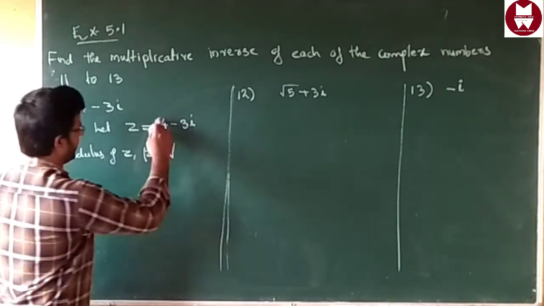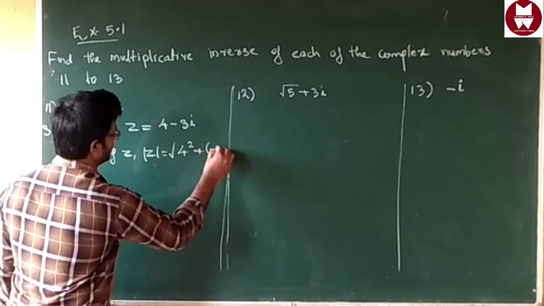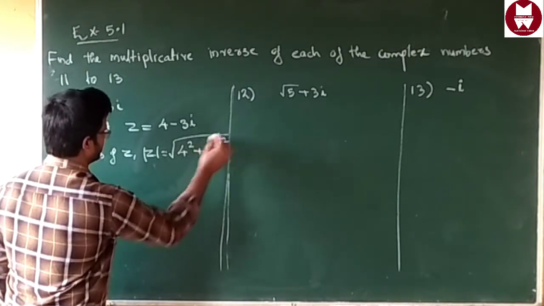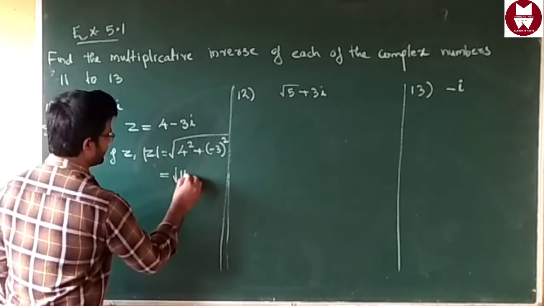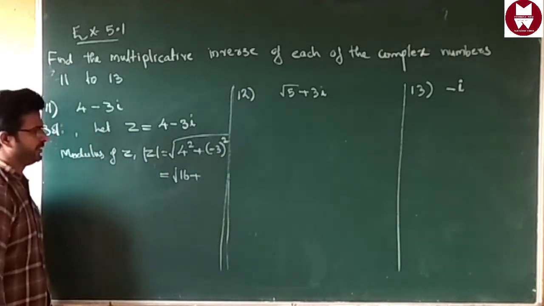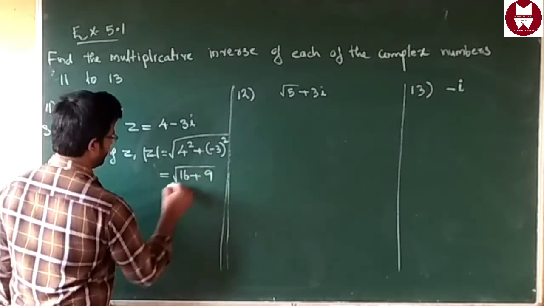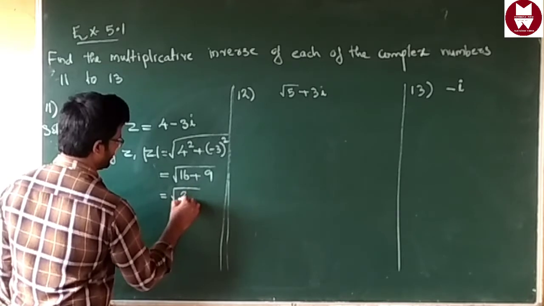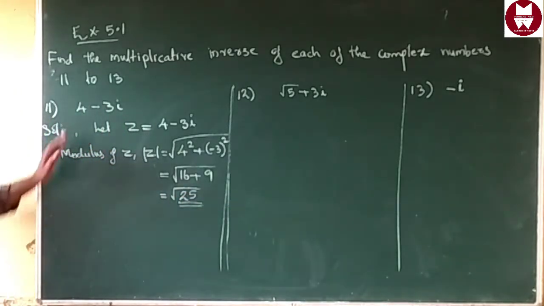What is a? Here a is 4, so 4 square plus b, which is minus 3, square, equal to square root of 4 into 4, 16, plus minus 3 all square, that is minus 3 into minus 3 you will get 9, equal to square root of 25. We got the modulus of the given complex number as square root of 25.